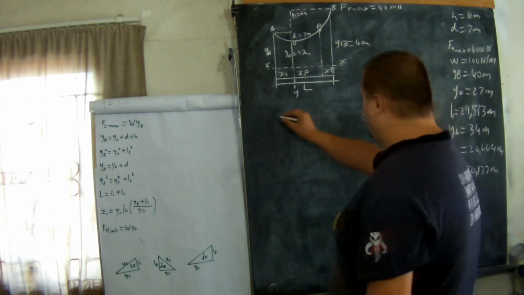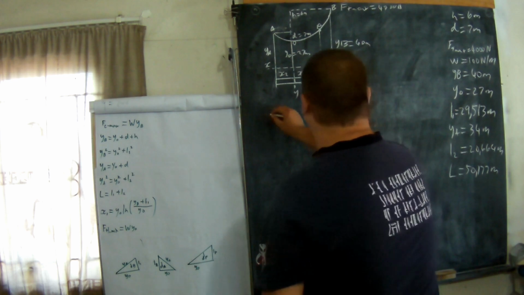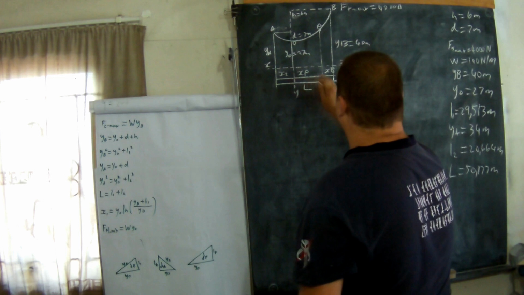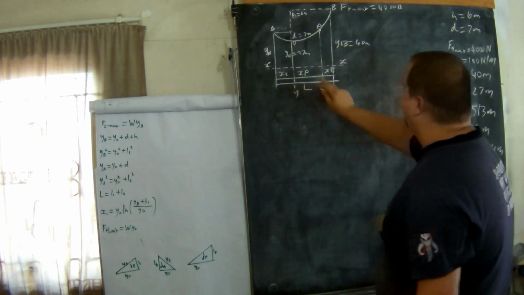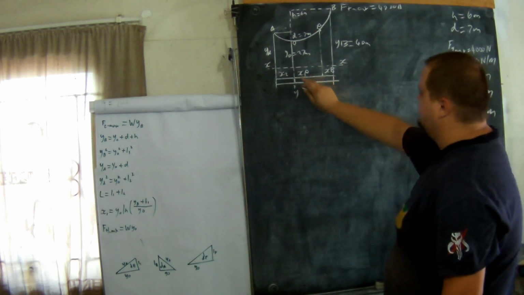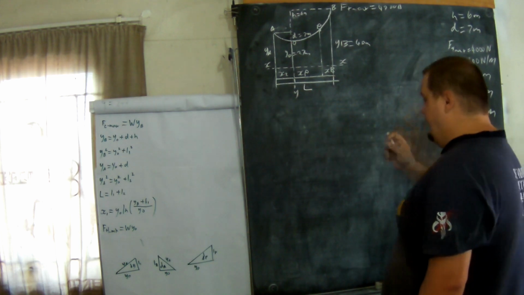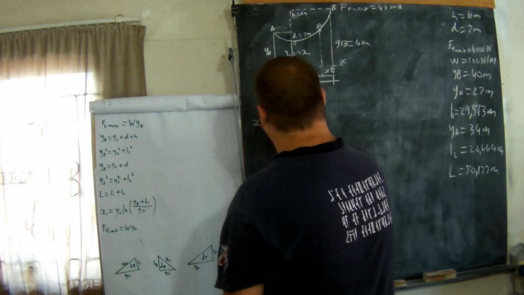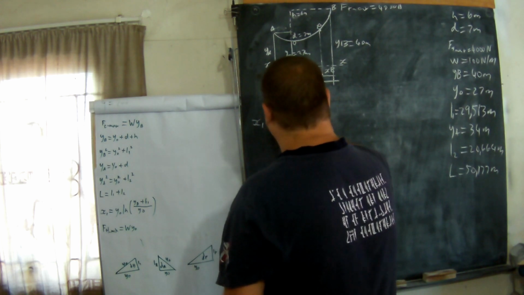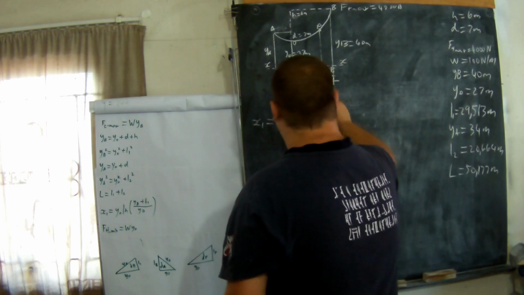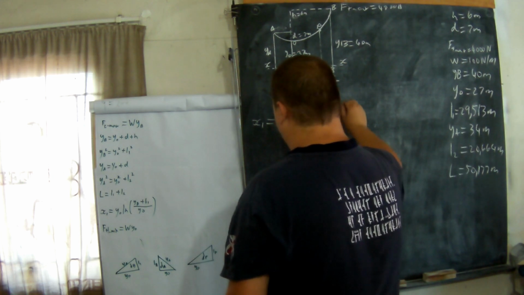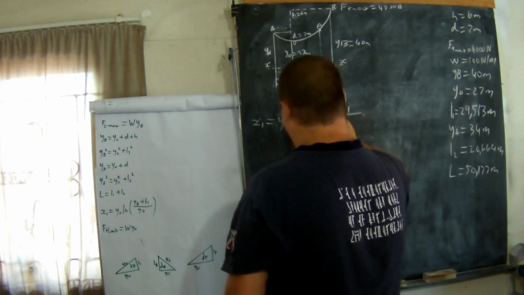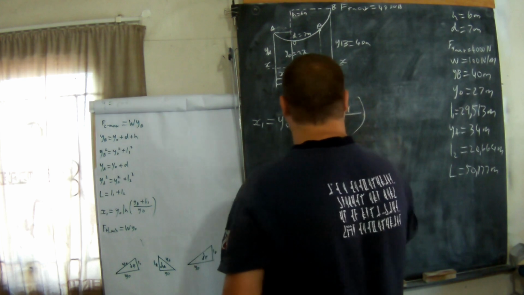Okay, question number 2 states they want the lengths between the supports, they want these lengths here. So how to get those lengths is x1 is equal to YO ln of (YB plus L1) over YO.